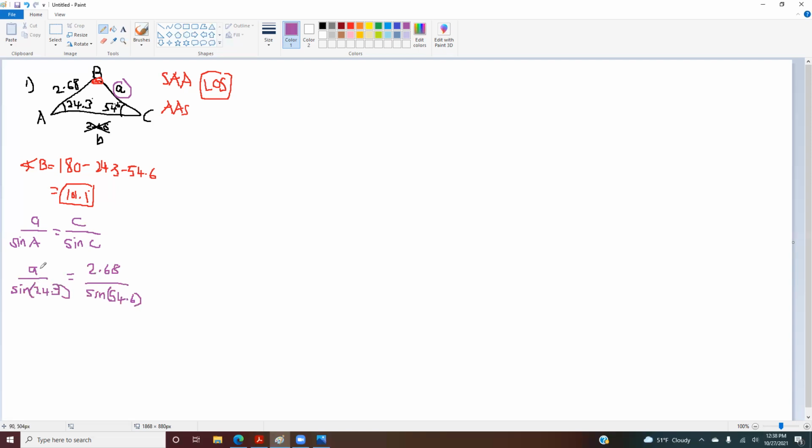And then in order for me to find A, I multiply this to this side. So I multiply this by sine 24.3. So everyone, please take out your calculator and figure out A in this case. And don't forget, they're all in degrees. Take out your calculators and start punching.